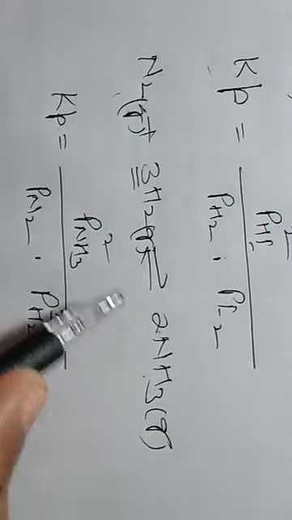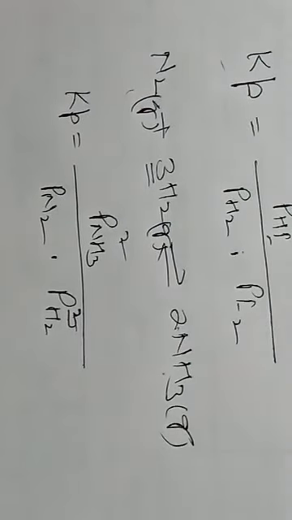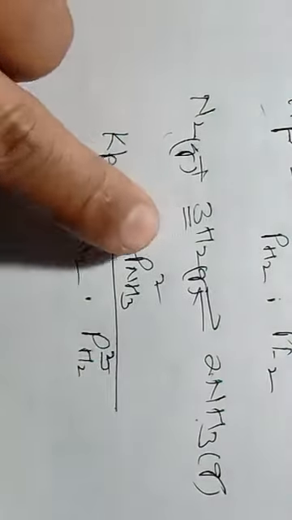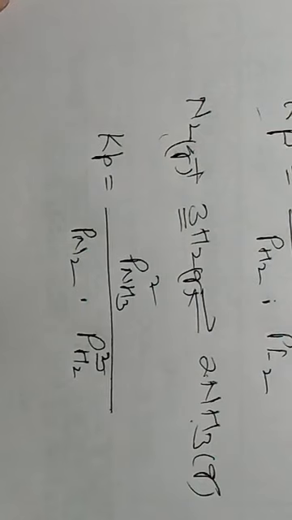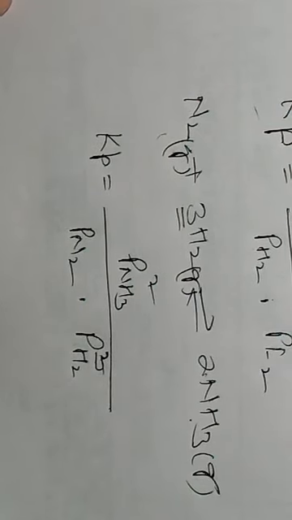Okay, so in this way we will write the equilibrium constant Kp in terms of the partial pressures of the given gaseous reactants and products. Thank you.